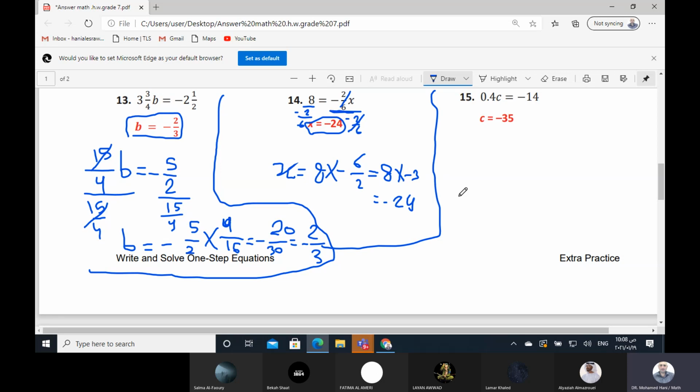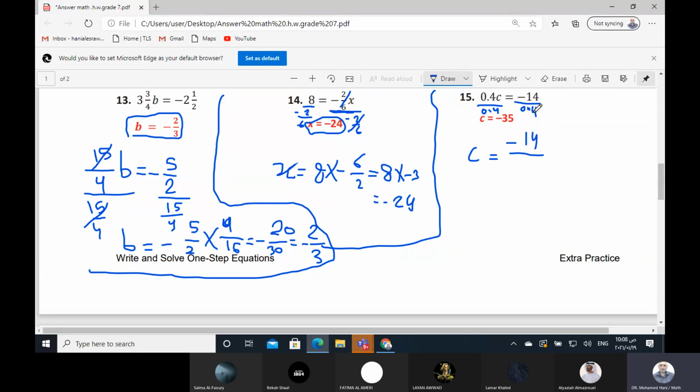Okay? Now who can help me here to solve exercise number 15? We have 0.4c equals minus 14. You can divide by 0.4, and divide here by 0.4. So here remains c. Here we have minus 14 up, and down we have a decimal.